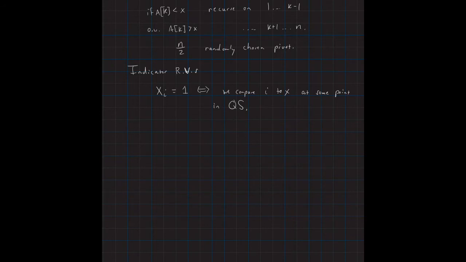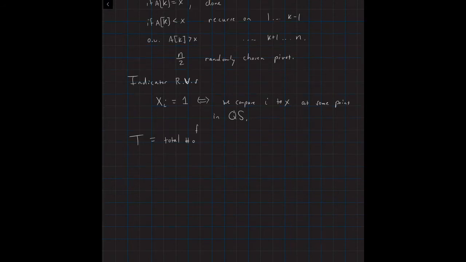In particular, if we let t be the total number of comparisons, then t is exactly the sum of all of these xi's.